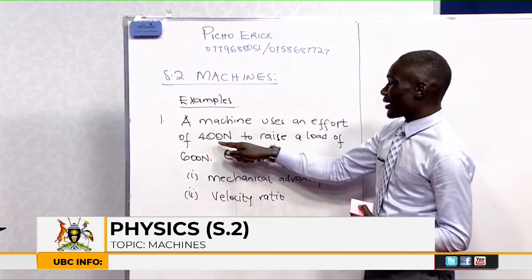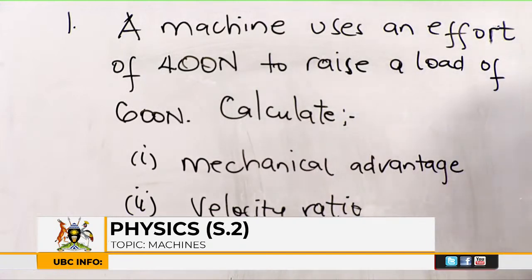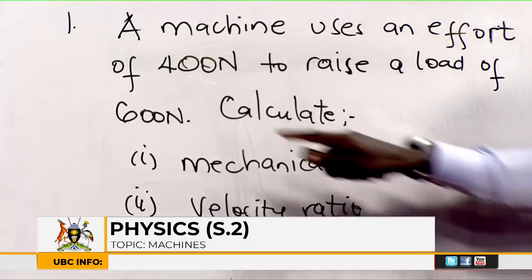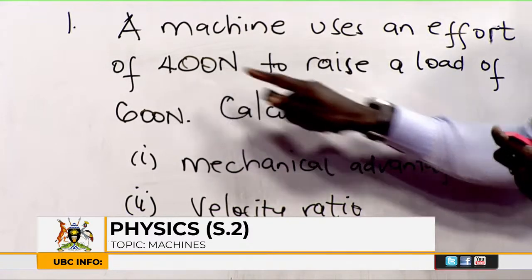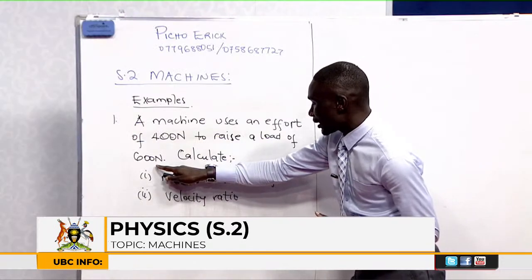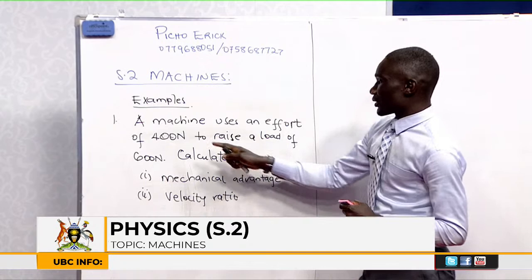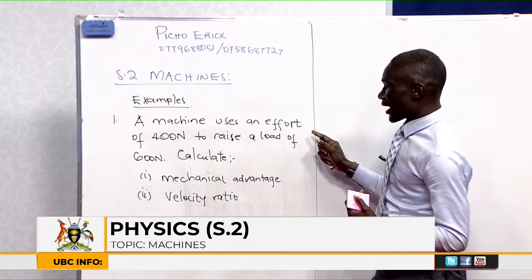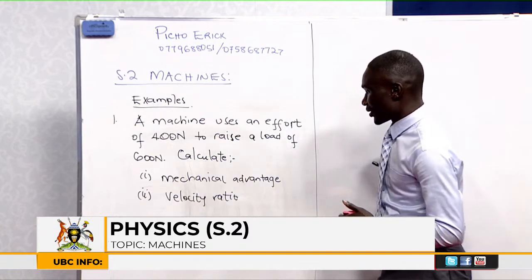That is why you can see here the effort which we are applying into this machine is 400 Newton, and then the load which the machine is overcoming is 600 Newton. So we are saying a machine uses an effort of 400 Newton to raise a load of 600 Newton.